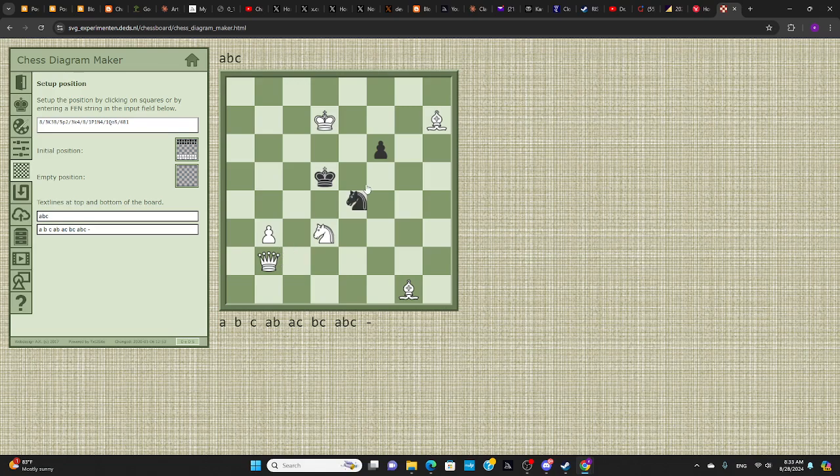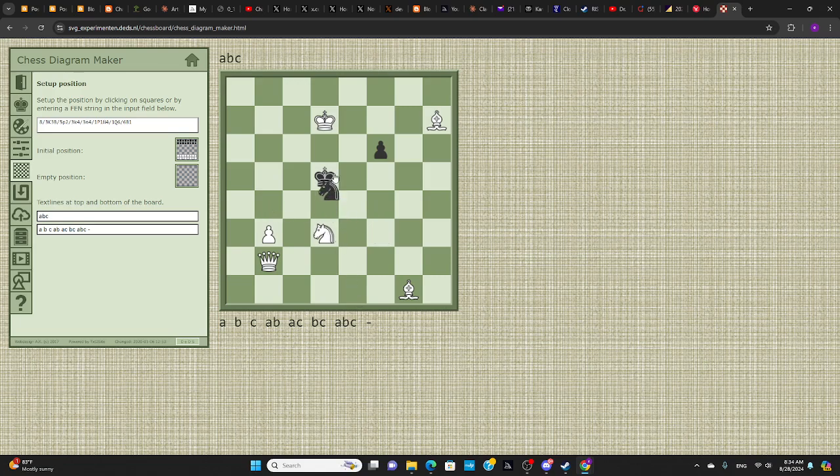If you go to f5, then you have queen to g2 mate, which is C. Okay, let's see if we can find the AB mate. So the AB mate is not the queen, but either of the knight moves is mate. So that would be this knight move. So that blocks the queen diagonal, but the A mate works and the B mate works.